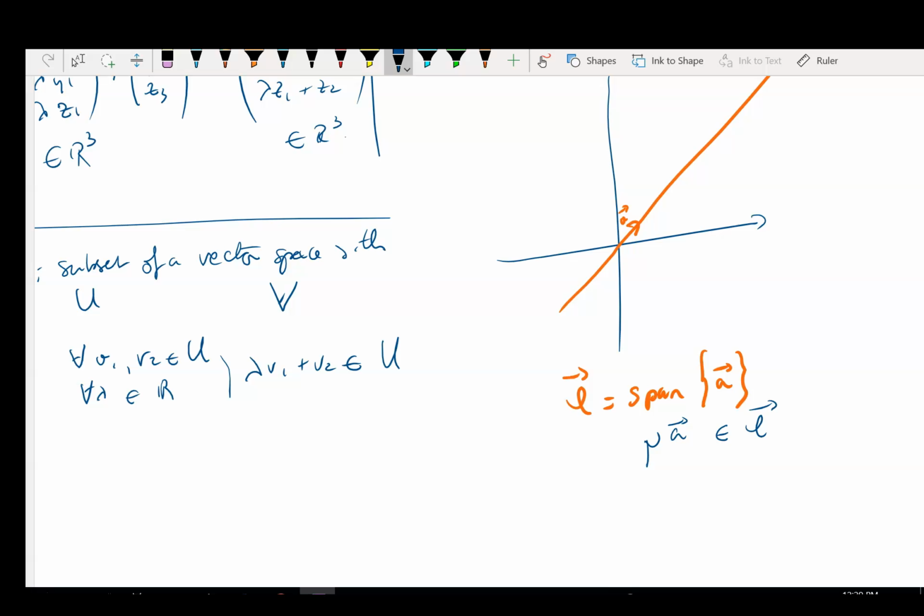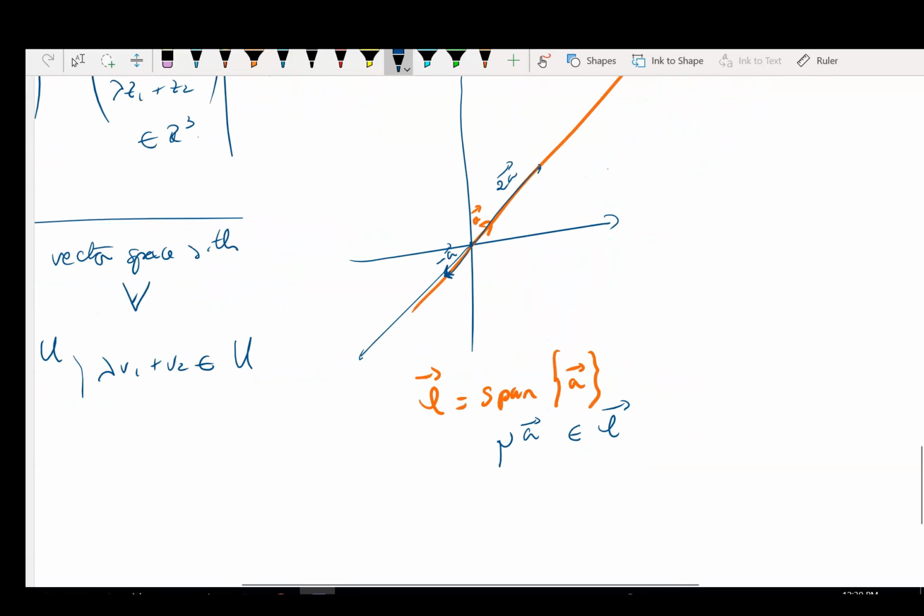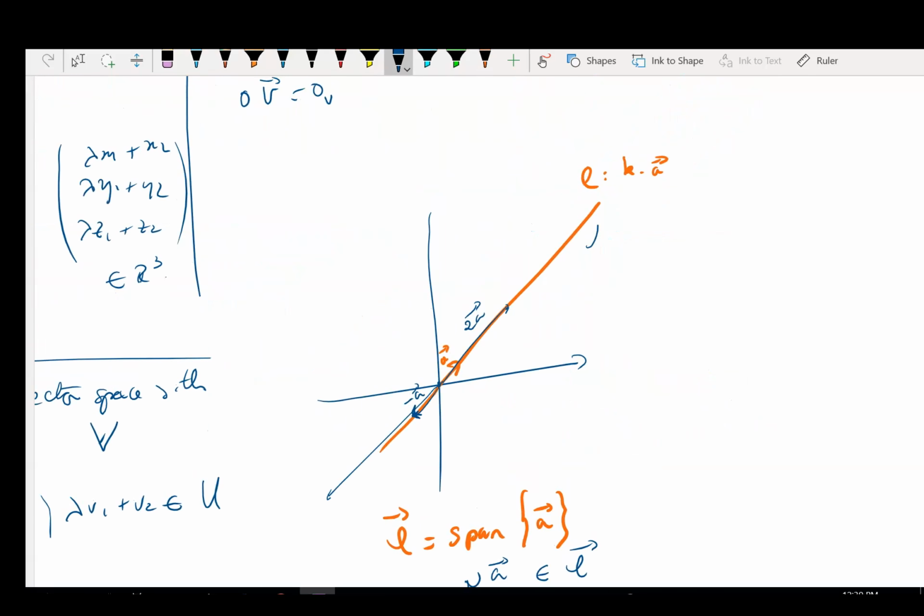So I can take -1 times A, that's going to be here. That still belongs to my line. I can take 2A and add -10A. That's still going to be something that belongs to my line. So that line is a vector subspace of R2.